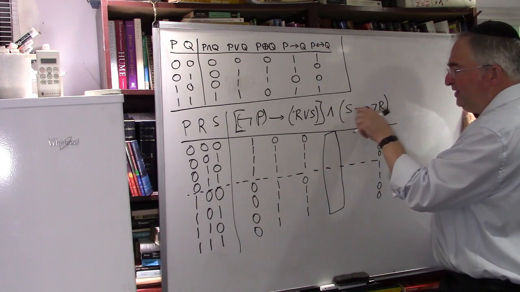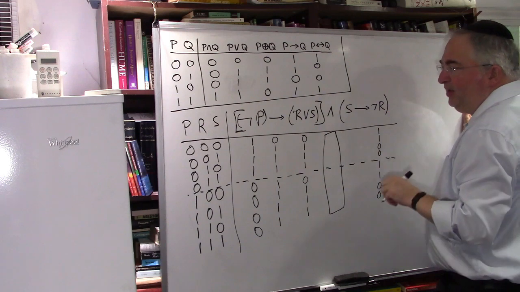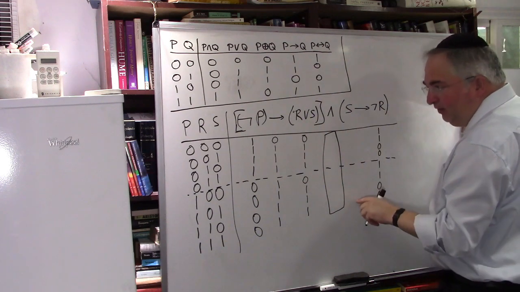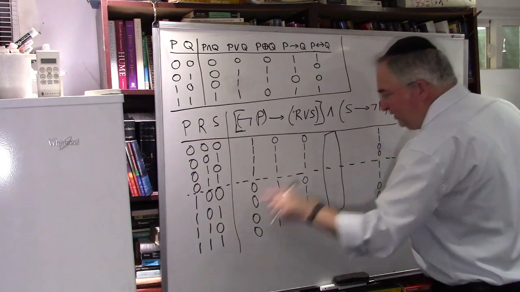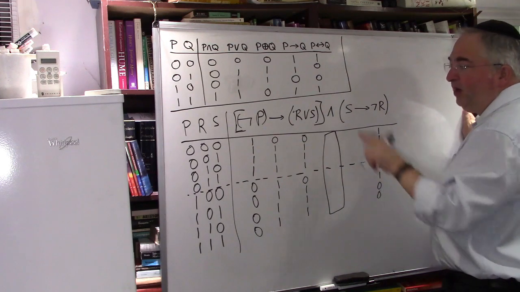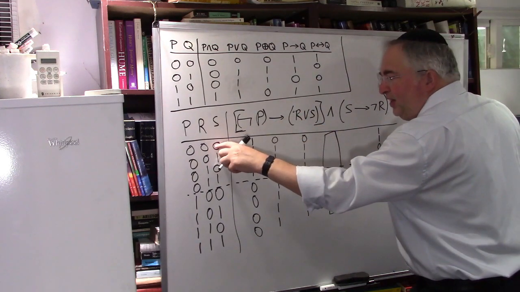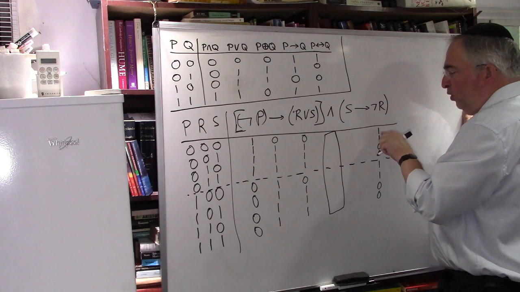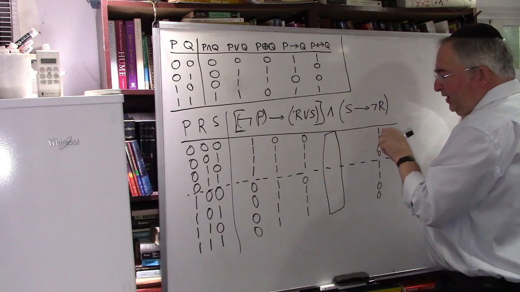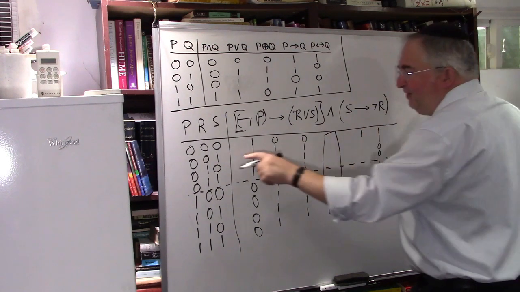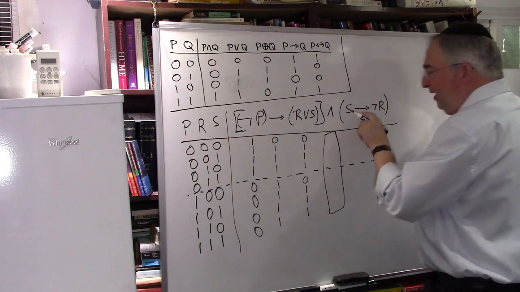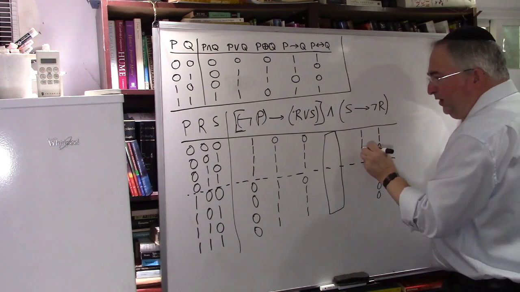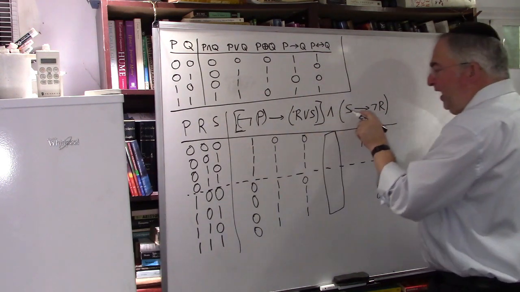Now we have to do S arrow, not R. So I can rewrite S over here. If you want, we can do that. We can rewrite this right over here, and then we'll do the arrow. But it's right there, so let's do it. 0 arrow 1 is 1. 1 arrow 1 is 1. 0 arrow, I don't even have to look.